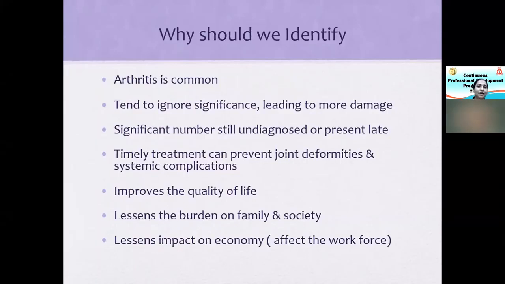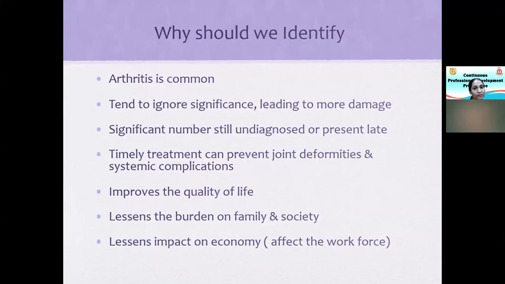And we know that timely treatment can prevent joint deformities and other systemic complications, thus improving the quality of life, lessening the burden on society, and indirectly the impact on the economy as well, because it is the economically active workforce that is mainly affected by these arthritic conditions.